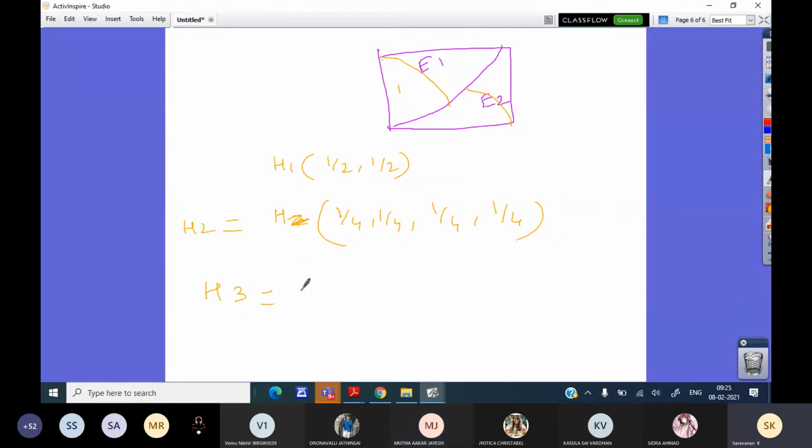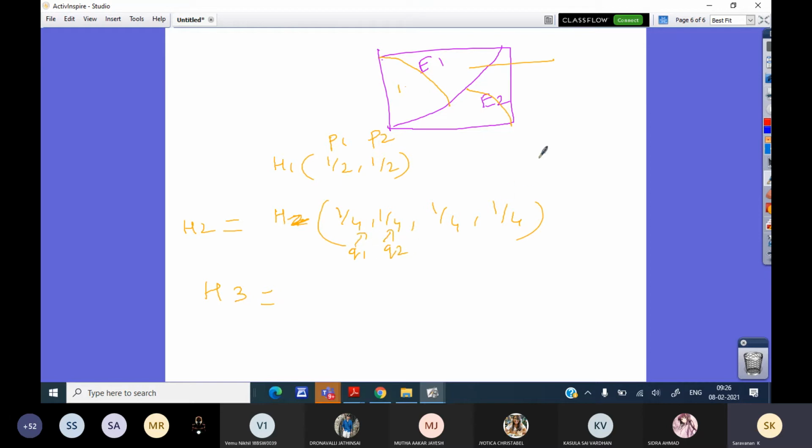So in the first part, I have to consider my Pn. Suppose the main event probability, I'm going to take as P1 and P2, for example, right? By adding these two probabilities, I'm getting 1 by 2. So I'm going to take maybe Q1, Q2, right?